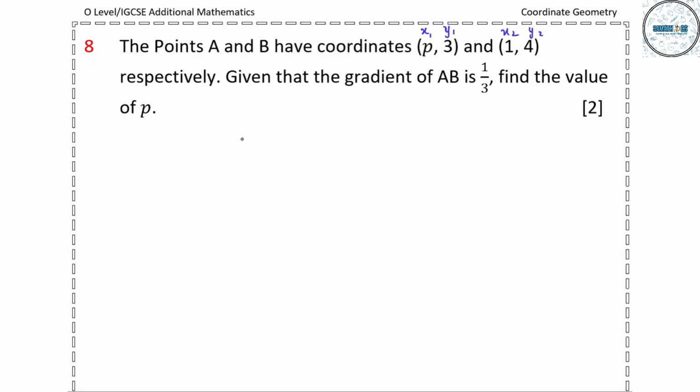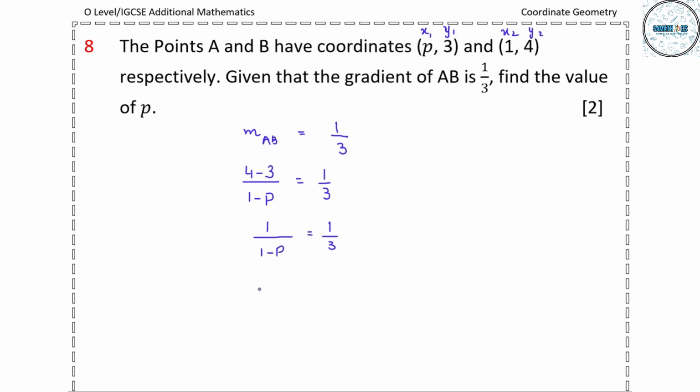Gradient of AB is 1 upon 3. It means M of AB is equal to 1 upon 3. We will take out gradient using the coordinates given in the question so that we can take out the value of P. y2 minus y1 is 4 minus 3. x2 minus x1 is 1 minus P, which is equal to 1 upon 3. 1 upon 1 minus P is equal to 1 upon 3.